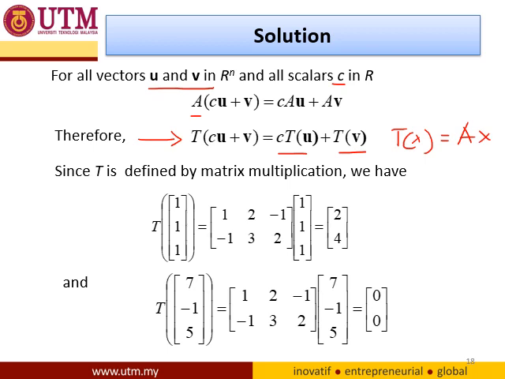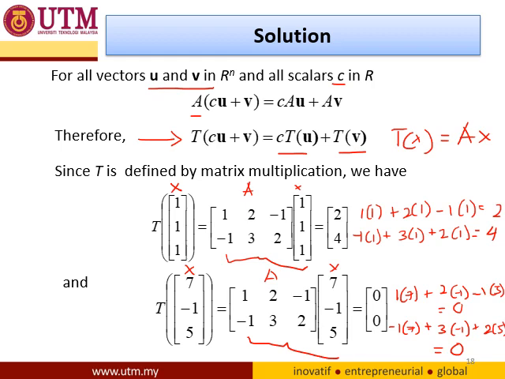Since T is defined by matrix multiplication, in order to solve part B, as I mentioned before, this is our x, the transformation of x equals Ax. You need to solve the matrix multiplication here. So you need to know how to calculate this result to get the answer.